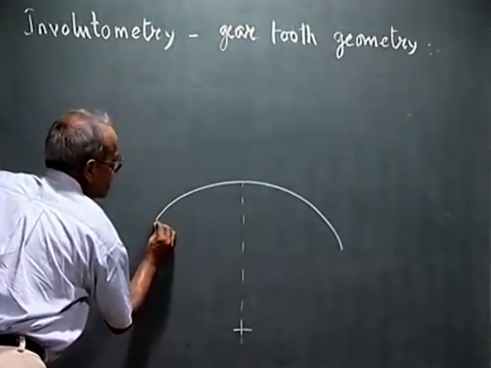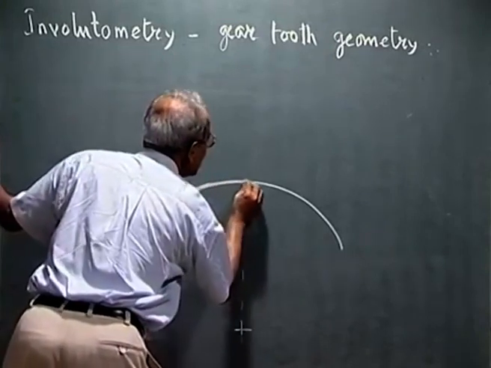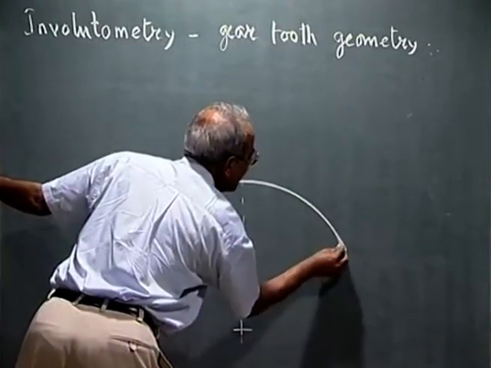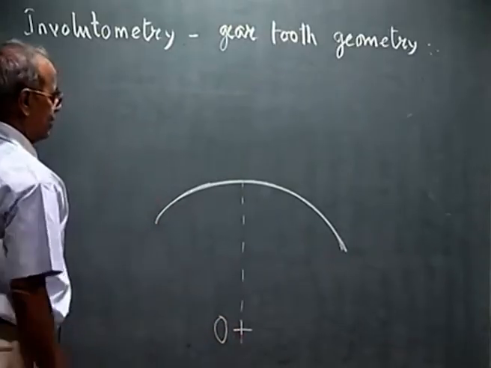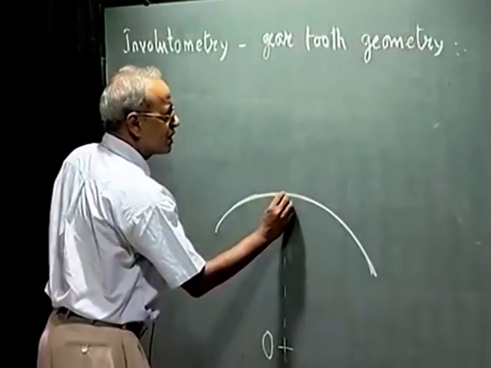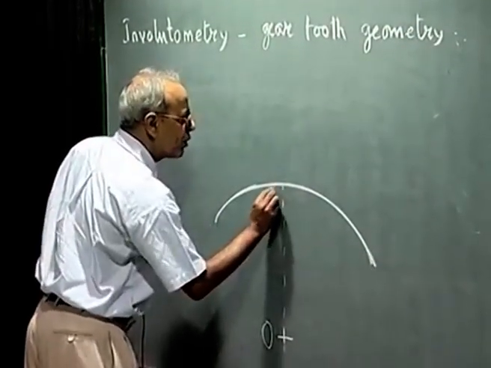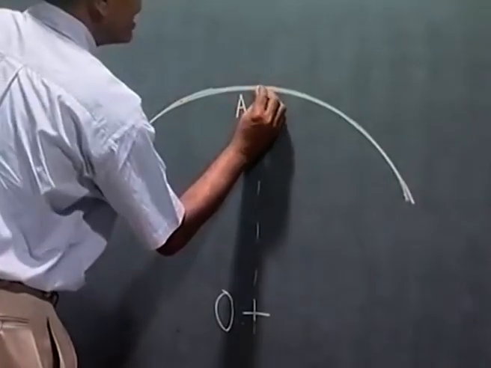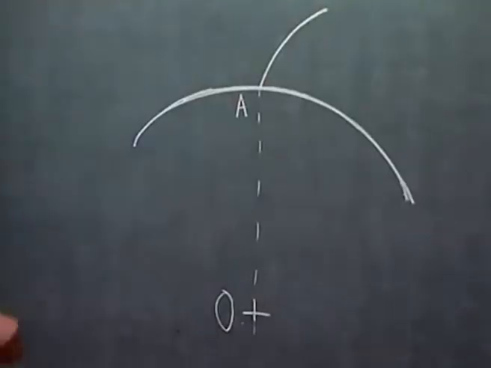Suppose this is the base circle with the center here, and we start unwinding the string from this base circle from this point A, and by unwinding the string I generate this involute.